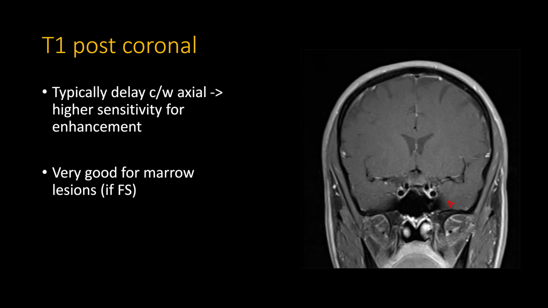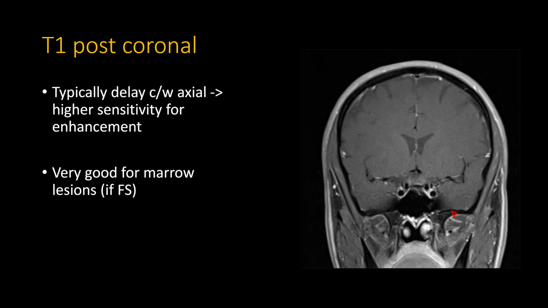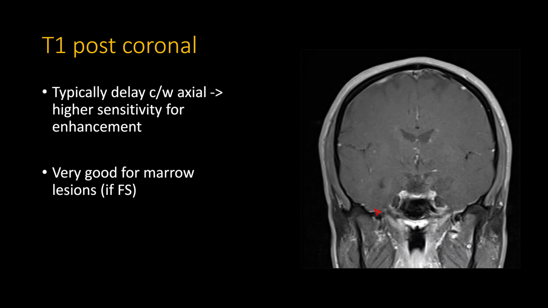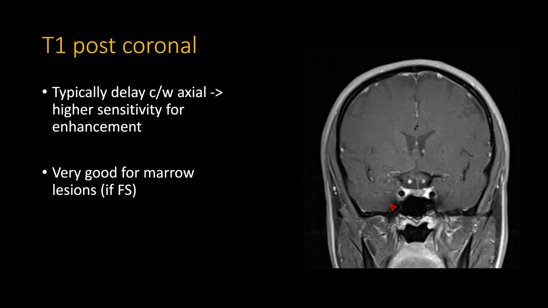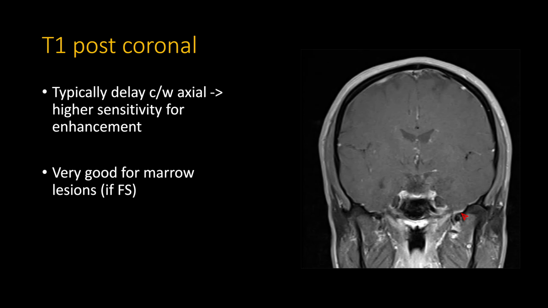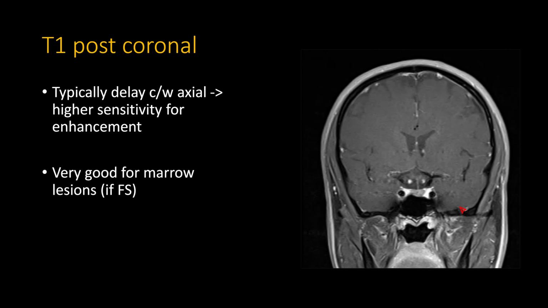I find T1 post also very good for looking for leptomeningeal and pachymeningeal enhancement at the undersurface of the brain, so your middle cranial fossa and the skull base, the floor of the calvarium. On the axials, the floor of the calvarium will all be in one plane and it will be hard to detect things, versus on the coronal, you're going through numerous slices through the floor of the calvarium.